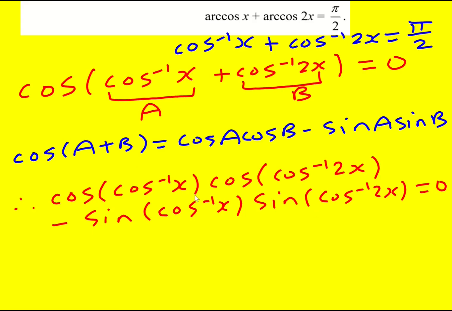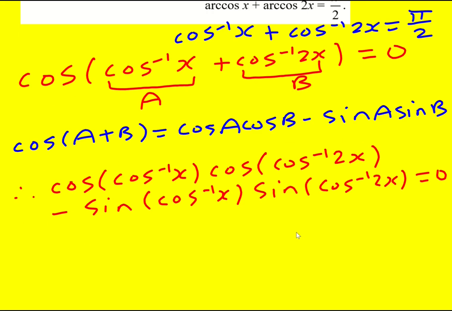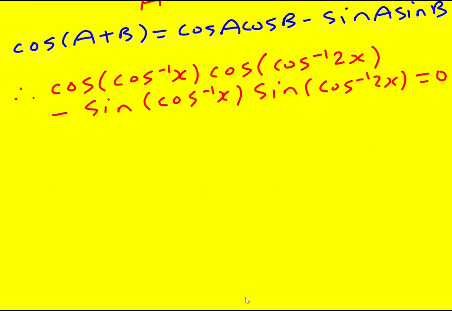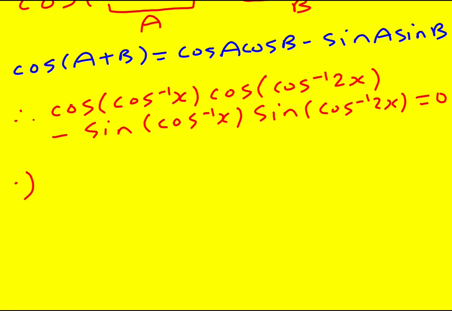You might be thinking that looks worse. What are you on about? But we can simplify this quite a lot. Cos of inverse cos will just cancel out, so we'll just get x, and the same over here. We'll get 2x.